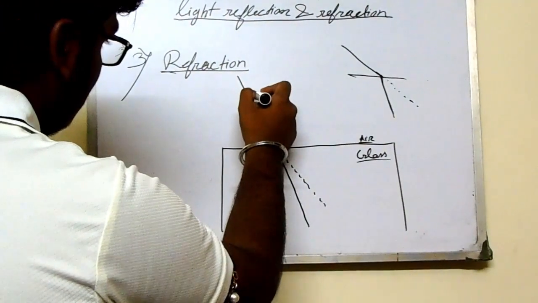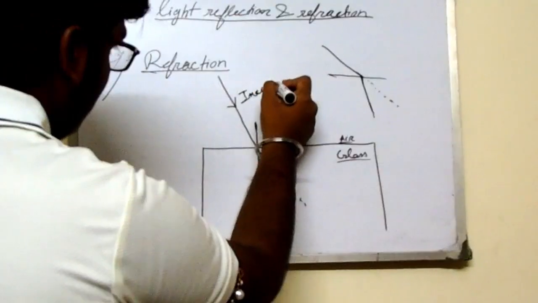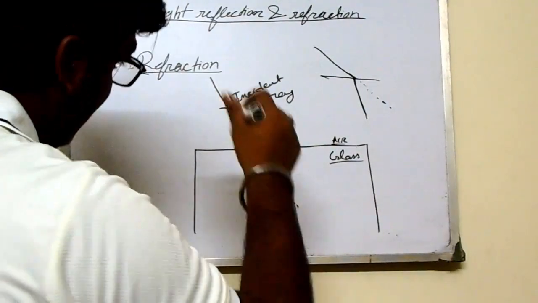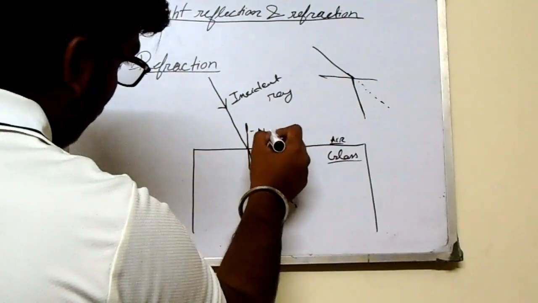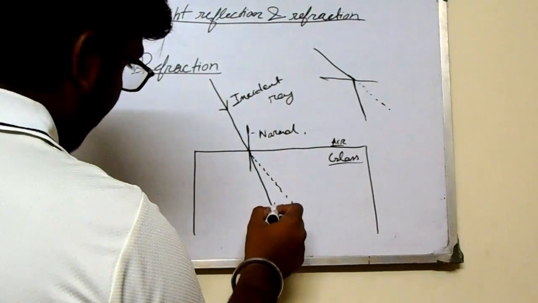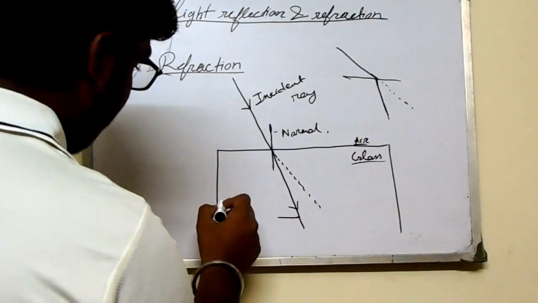This is the incident ray, this is the normal, this is the refracted ray.